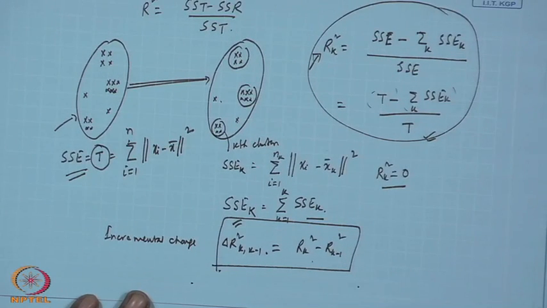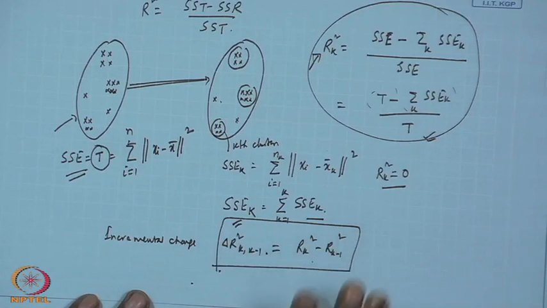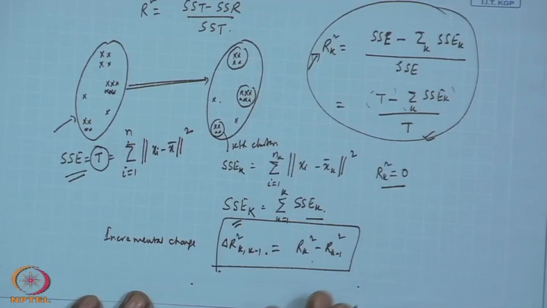If there is a sharp change, a sharp decrease, then maybe that is the point where we can stop, meaning this many clusters are required. Okay.